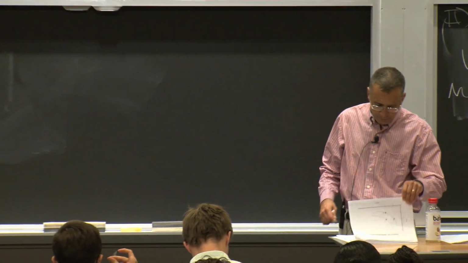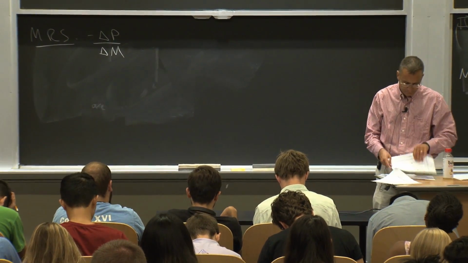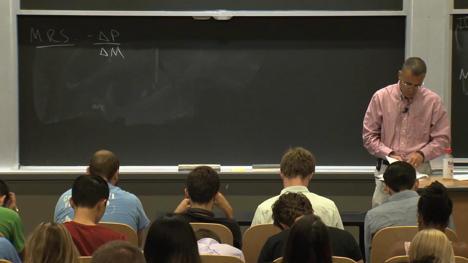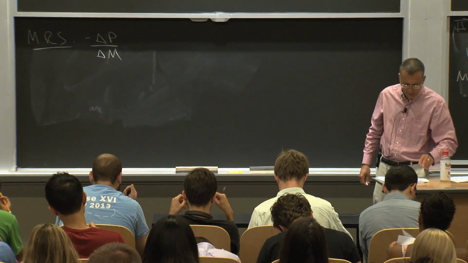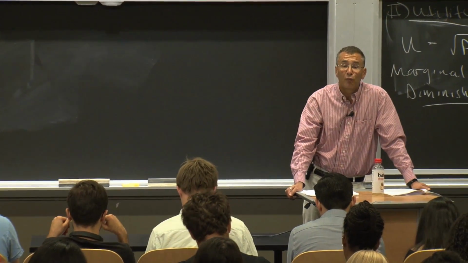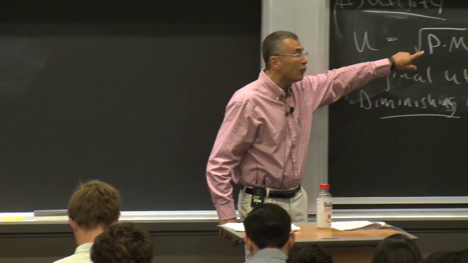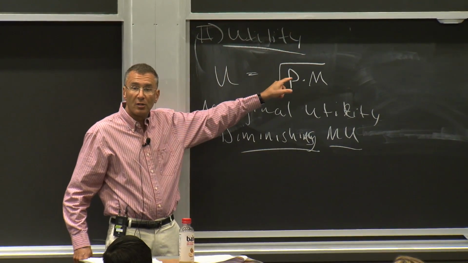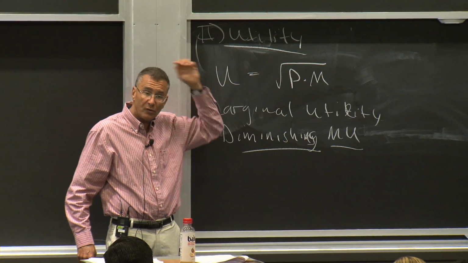So to bring this home, let's look at figure 4.6. Figure 4.6 is showing us an indifference curve. Let's work on it for a couple minutes. Once again, I'm not saying this is the truth for everyone, but it's the indifference curve generated by this utility function. We've assumed this is the right mathematical representation of preferences.